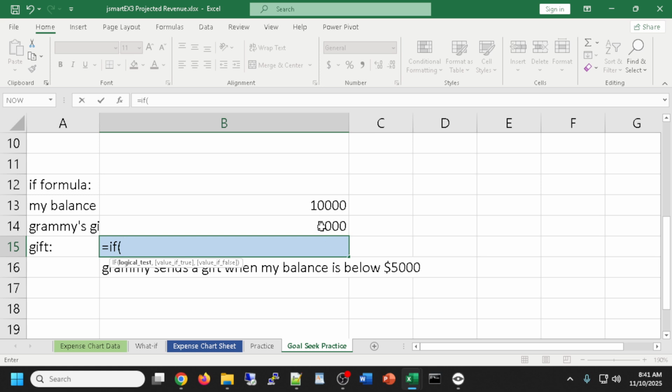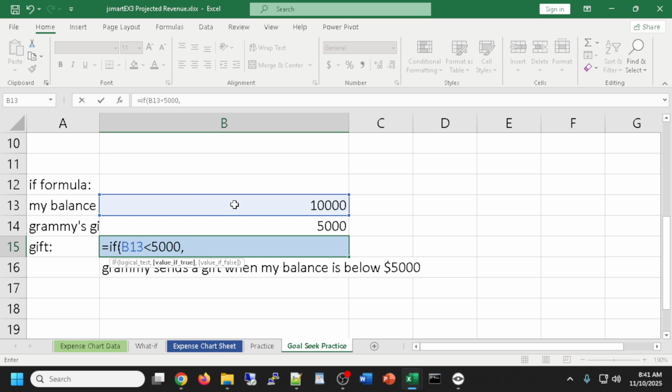I guess I should have made her gift a different number than 5,000. So she'll send me a gift of 5,000 if my balance is ever below 5,000. So what's the logical test here? Balance below 5,000. Well, that would be my balance there in B13 is less than $5,000.